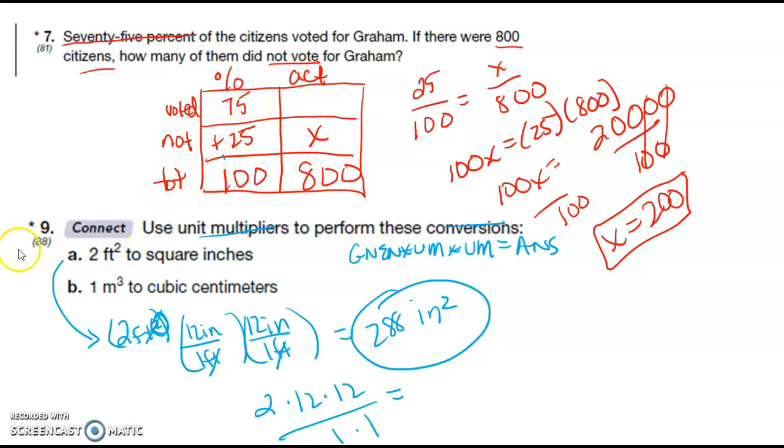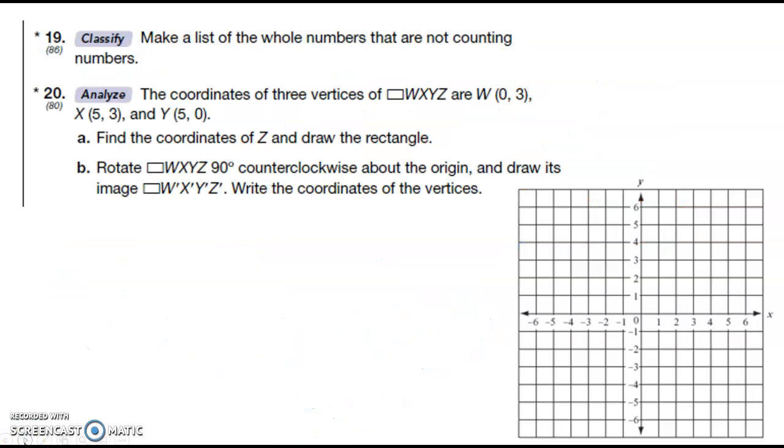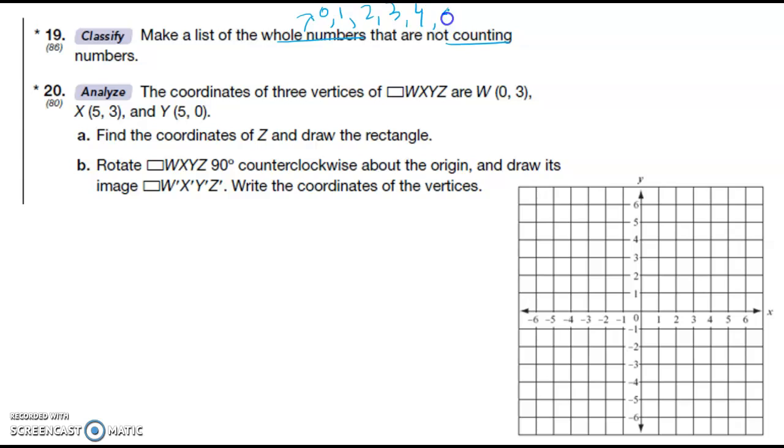All right, so let's keep going. Okay. Make a list of all of the whole numbers that are not counting numbers. So whole numbers are 0, 1, 2, 3, 4, 5, 6, etc. Counting numbers is like when we're counting something.